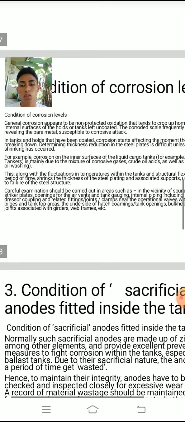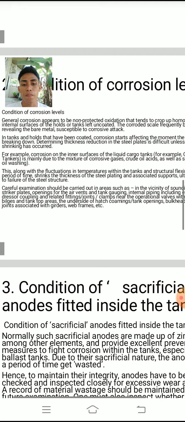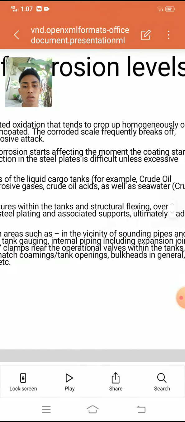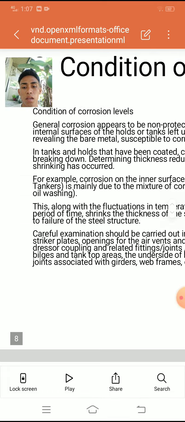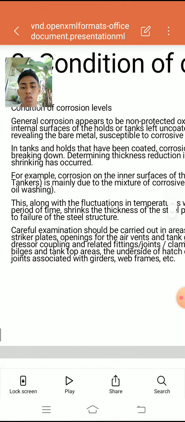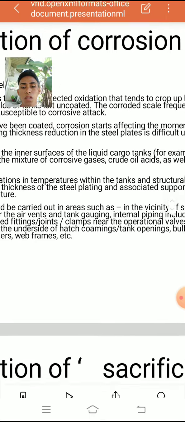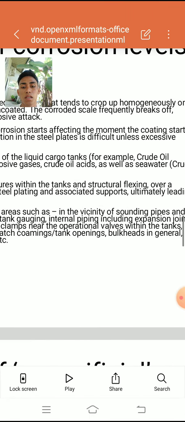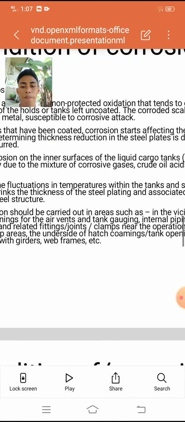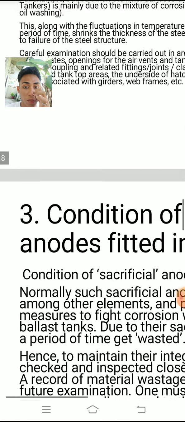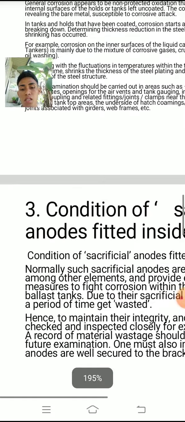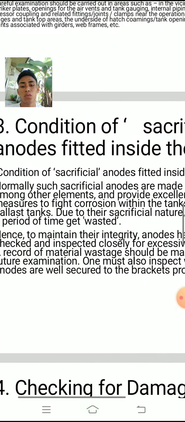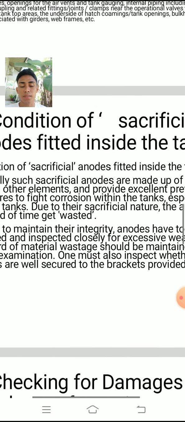For example, corrosion on the inner surfaces of liquid cargo tanks, such as a crude oil tanker, is mainly due to the mixture of corrosive gases, crude oils, oil acids, as well as seawater, crude oil washing.